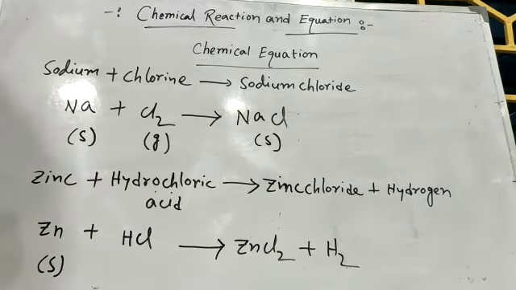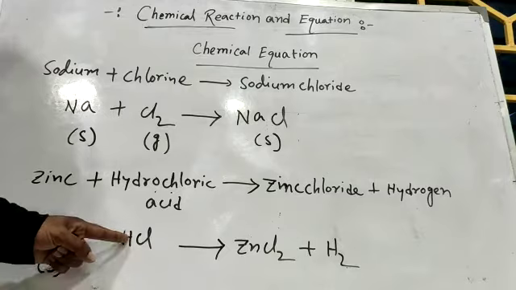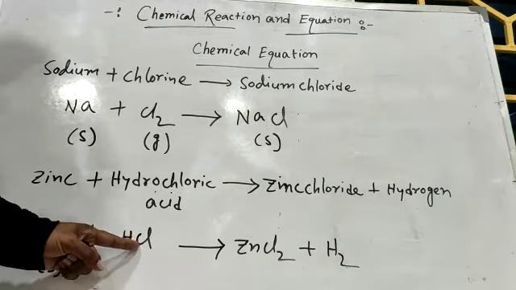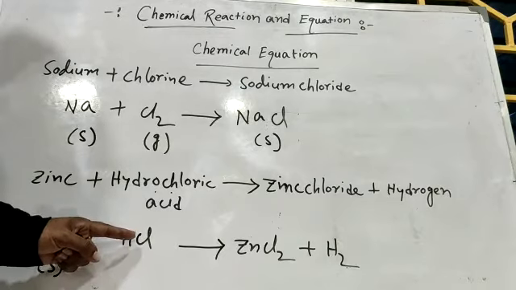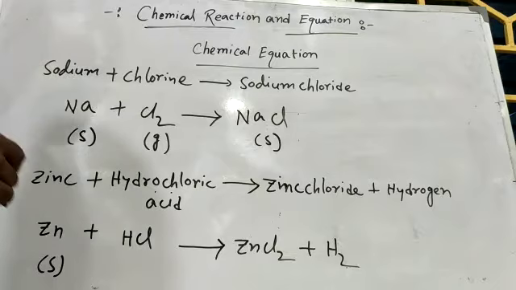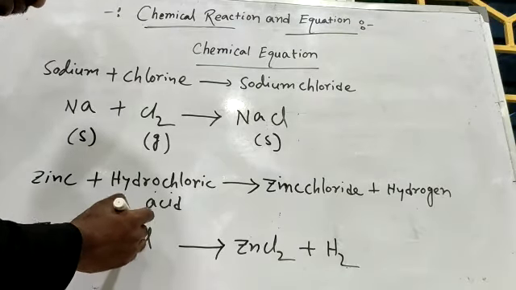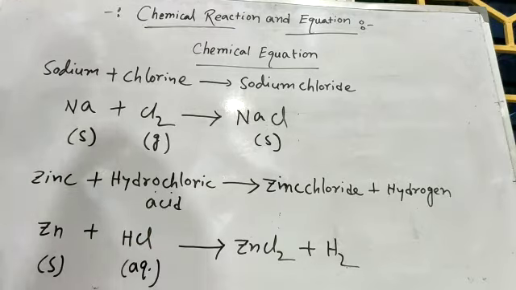Now the physical states. Zinc is a solid metal, so zinc is solid. Normally acid is added in water, and in this case we used an aqueous solution of HCl acid, so it is aqueous.